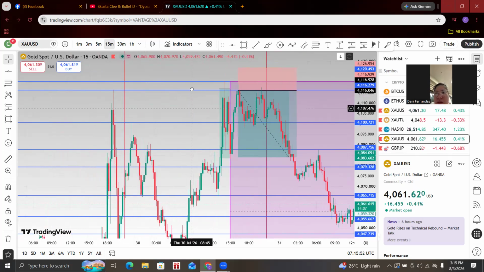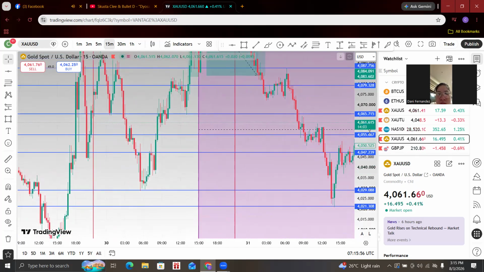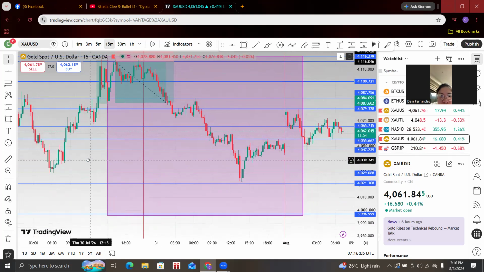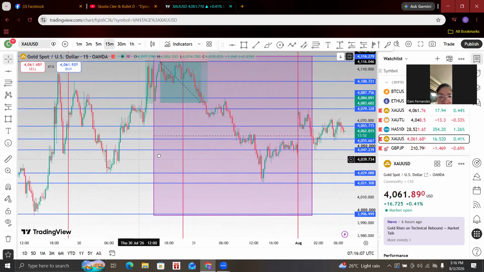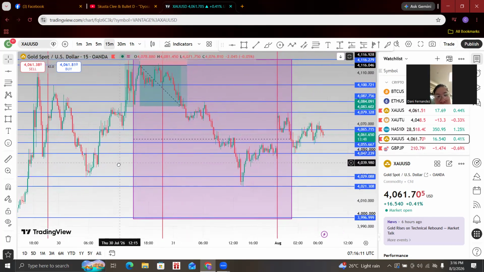So, that was the sell limit, no? What did I say when it comes to support or resistance? Previous resistance becomes new support and previous support becomes new resistance. Ganito yan. So, kung titignan mo dito, di ba? Bigay tayo ng magandang example.